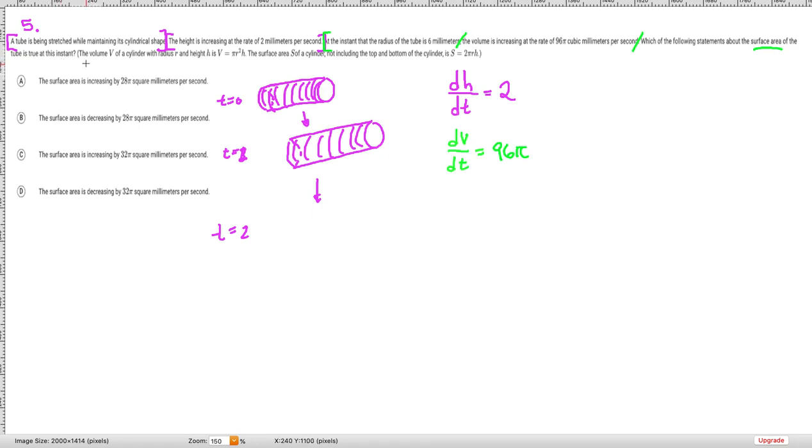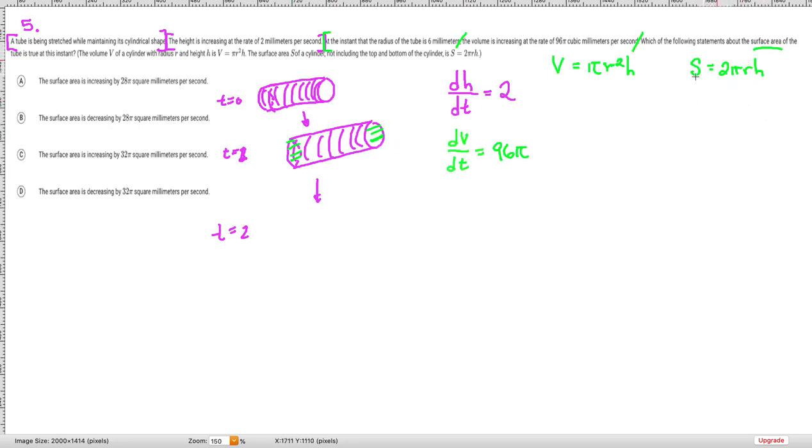Then in parentheses, it tells us very relevant information: the volume of a cylinder of radius r and height h is pi r squared h, and the surface area of a cylinder is 2 pi r h, without the caps, which is the figure that we have. Not including the top and bottom.